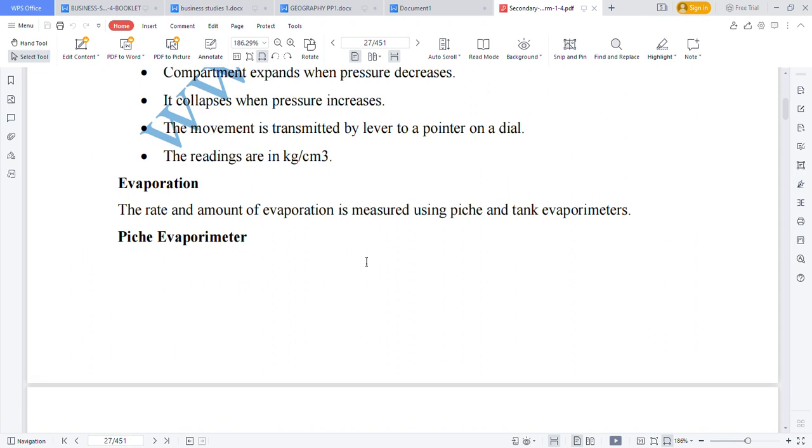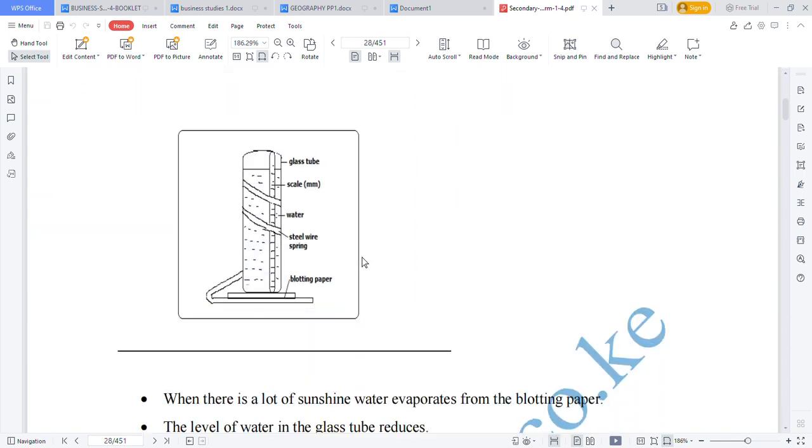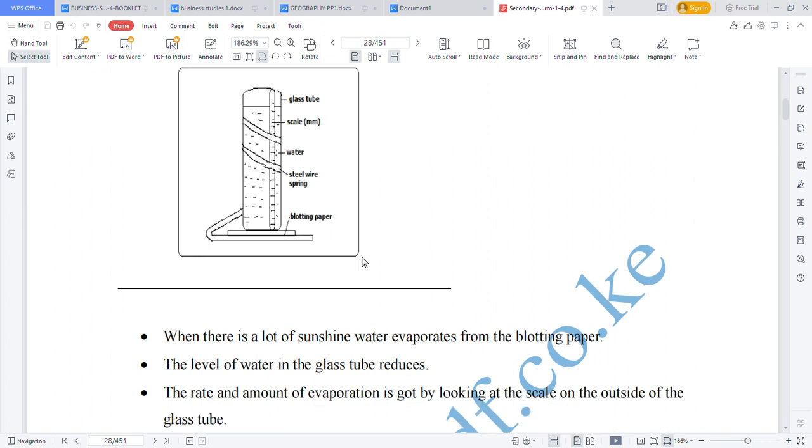Evaporation. What is evaporation? The rate and amount of evaporation is measured using Piche and tank evaporimeters. Let's start with the Piche evaporimeter. So this is it. You have a glass tube, scale, water, steel wire, spring, then blotting paper.